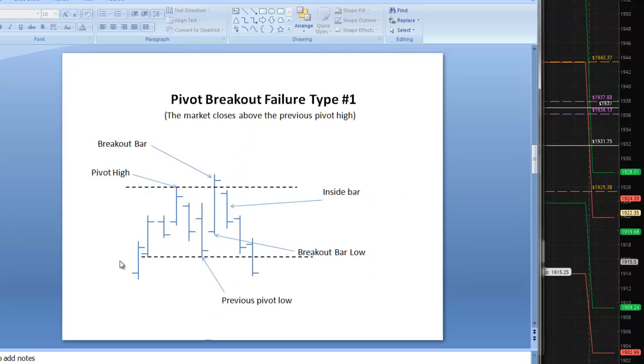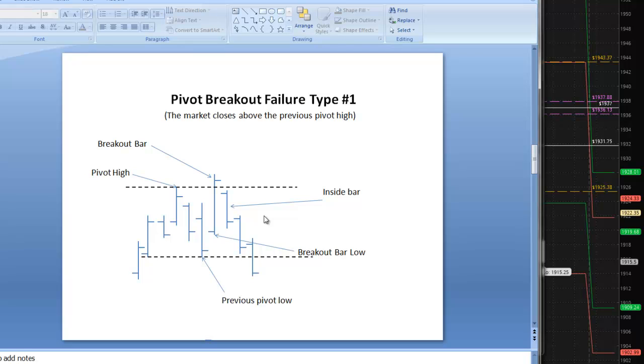The first failure type is you have the pivot, you have the bullish flag pullback, you break out above, it closes above, everything looks great. However, the next bar becomes an inside bar. That's a market tell. That's telling you, hey, look out.